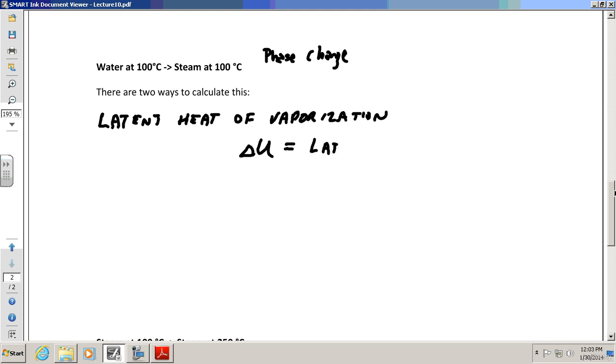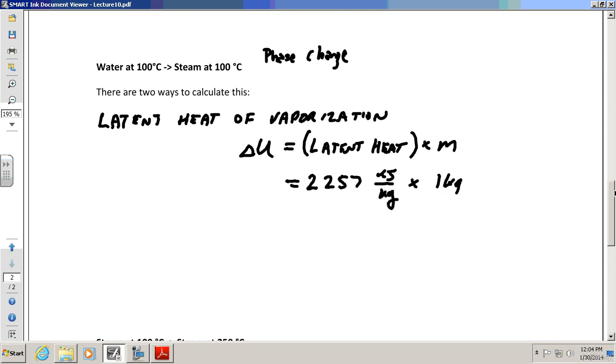You just look that up in the table, times the mass, which for water at standard pressure is 2257 kilojoules per kilogram. Multiply that by 1 kilogram of water, and we get 2257 kilojoules. That's the change in internal energy.